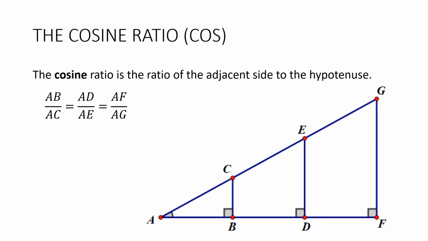And then finally, the cosine ratio, or cos for short, is the ratio of the adjacent side to the hypotenuse. So we've got AB over AC is the same as AD over AE is the same as AF over AG.